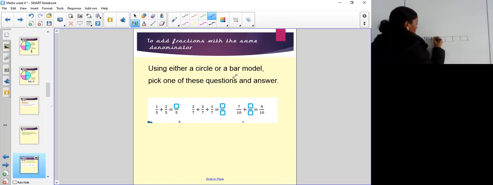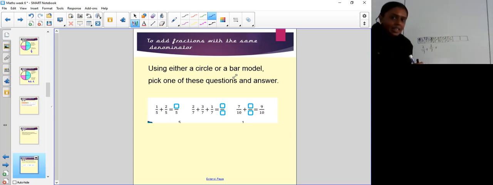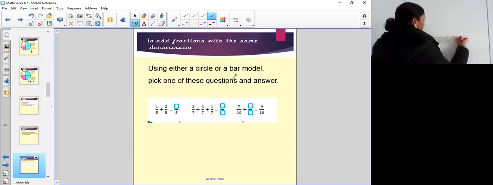Add 3/7. So now the rest is going to be 1, 2, 3. 3/7. Add another 1/7. I need to get another colour. Sorry guys, so I've got my other colour, which is going to be red, and that's going to represent my 1/7.